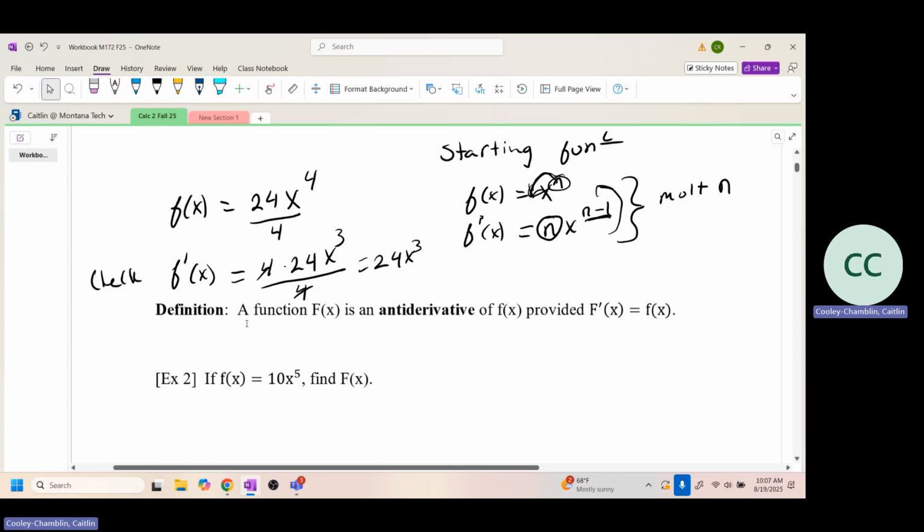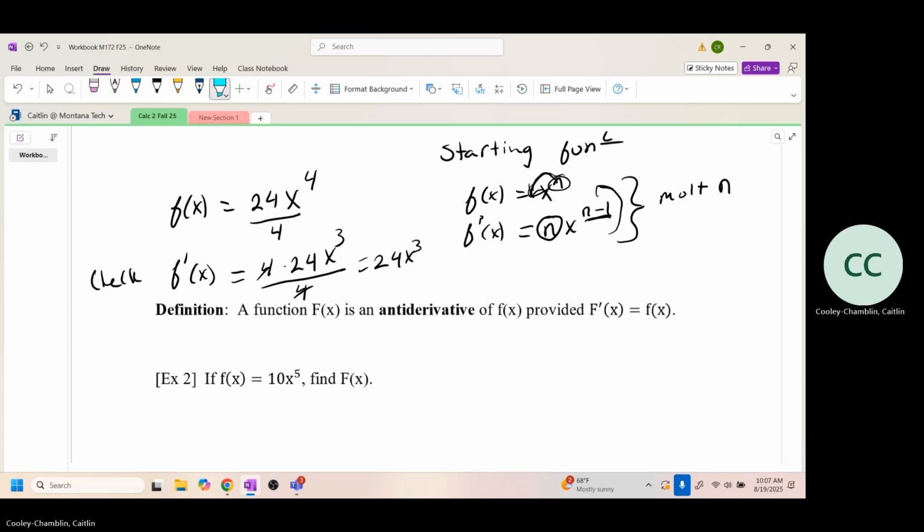So, definition: a function is an antiderivative of f of x, provided that the derivative equals f of x. So what this is saying is that capital F of x is the antiderivative of f of x.